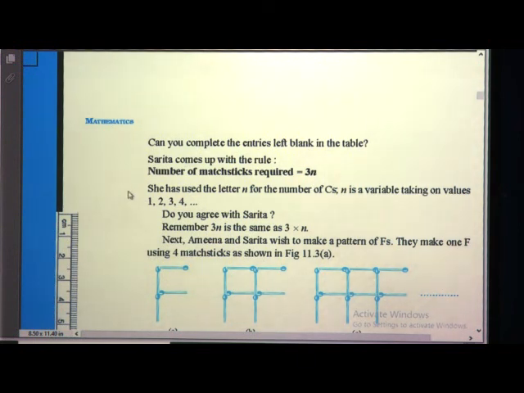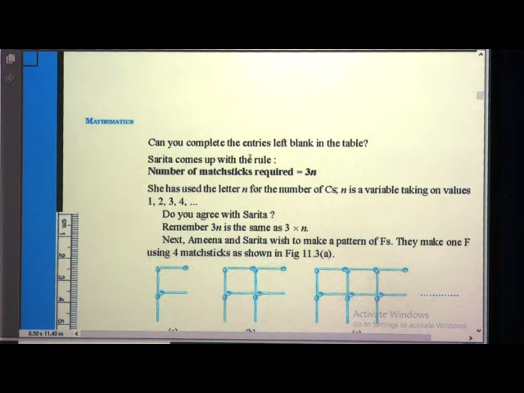She has used the letter n for the number of C's. n is a variable. Variable, it means the value goes on changing. It means in place of n, we can take 1, 2, 3 and 4 and so on can be continued. Do you agree with Sarita?